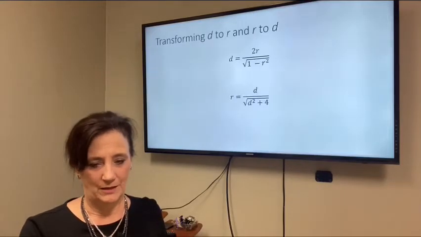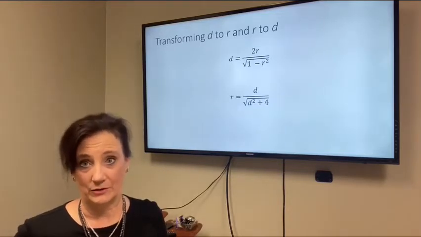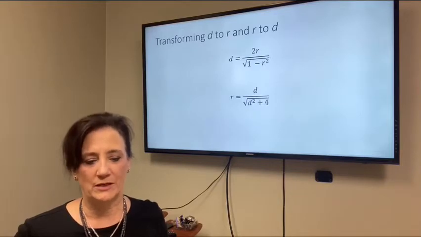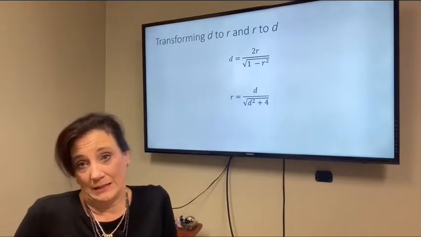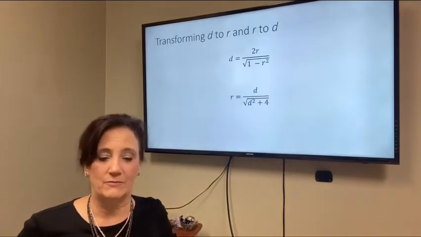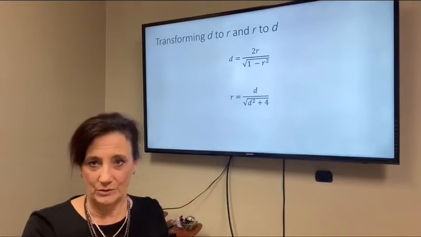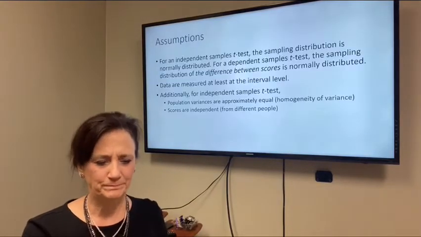Well, actually no. We need to take that R and transform it to a D value of effect size, right? And so here you've got the formula for transforming R to D. Or likewise, if you have D and what you need is R, you can transform back the other way from D to R. So a little bit of math available for you if you need that for future studies.